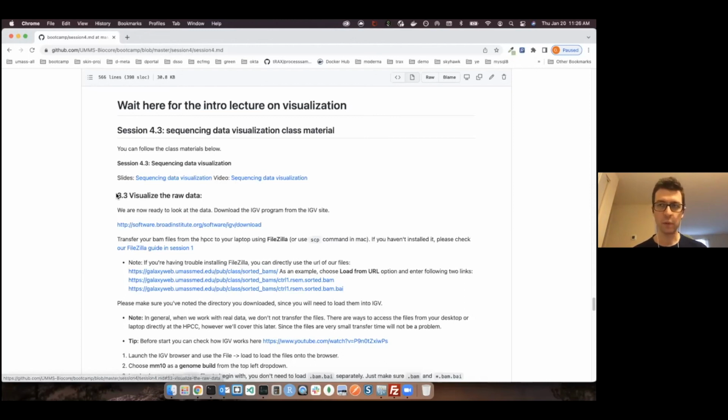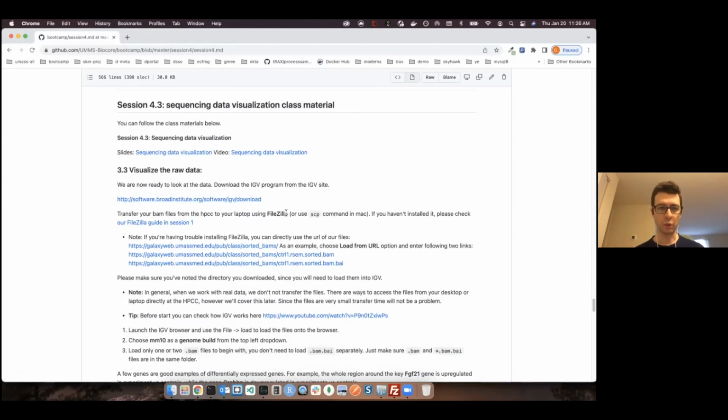So if you already downloaded IGV, now you can go to FileZilla software and copy and paste the files that you created, the sorted BAM files and the index files, the bam.bai files, to your computer.